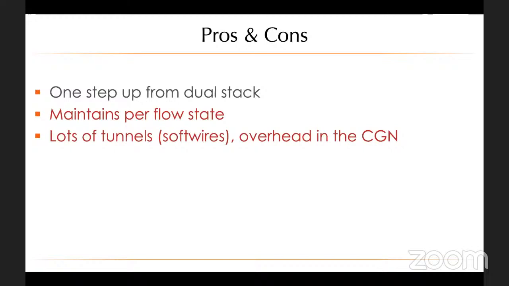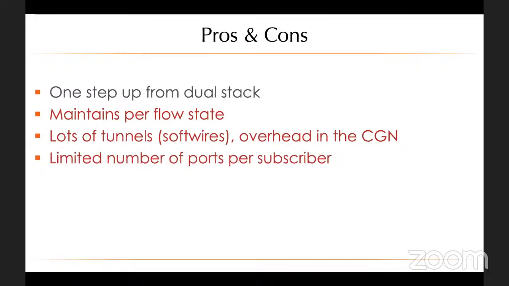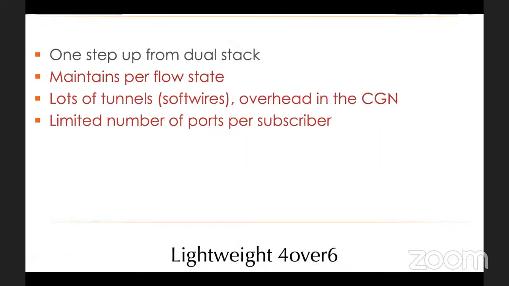Each of those is going to have various tunnels connecting the B4 to the AFTR. And then you have a limited number of ports per subscriber. So when you're provisioning this, you're going to say each customer is going to have a certain limited number of ports. And if there are a lot of users behind the CPE, it can impact performance.